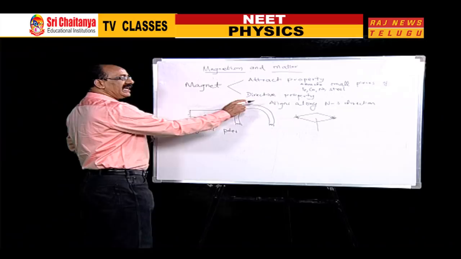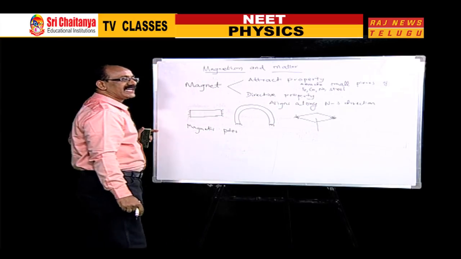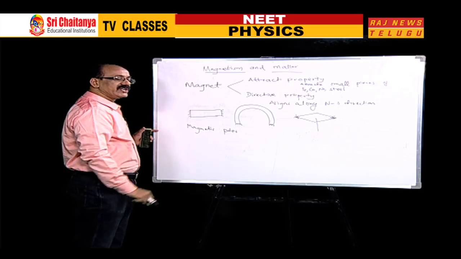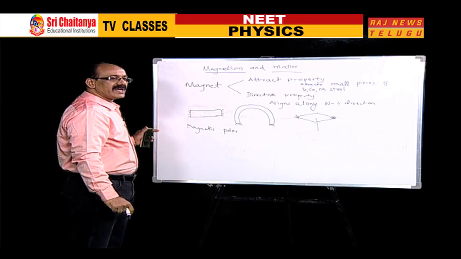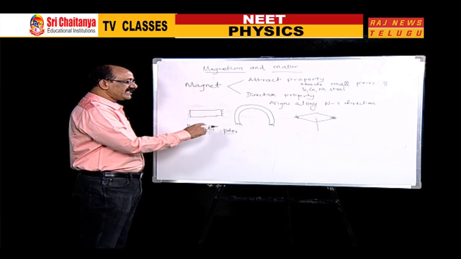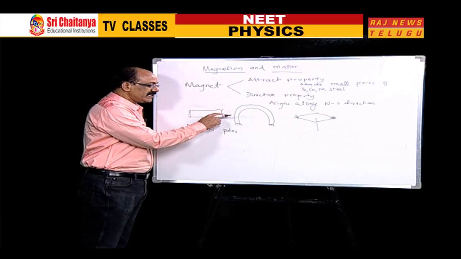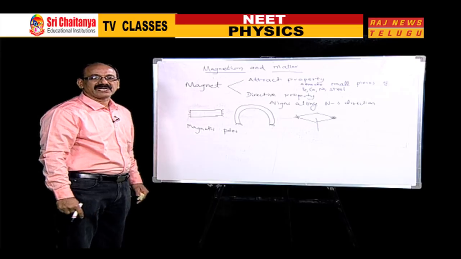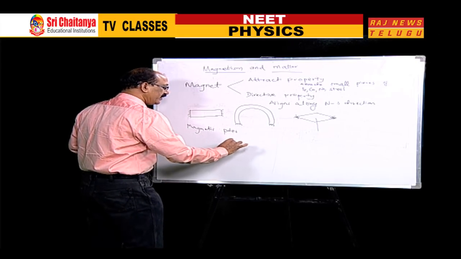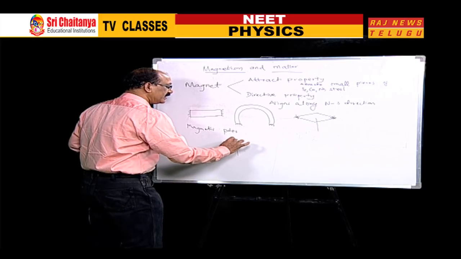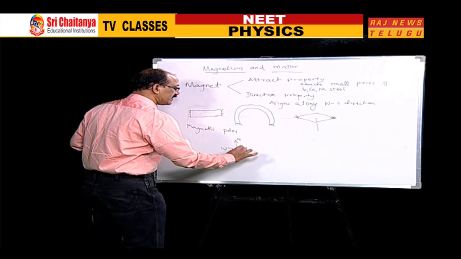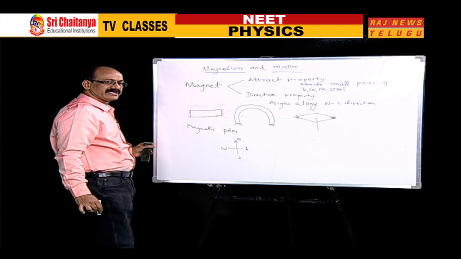Now already we learned that when it is suspended freely, it aligns along north-south directions. So the tip of the magnet that is pointing towards geographical north is called the north pole of the magnet, and the tip of the magnet pointing towards the geographical south is called the south pole of the magnet. If you see that this is geographical north, south, west, east, this is how we indicate the directions.